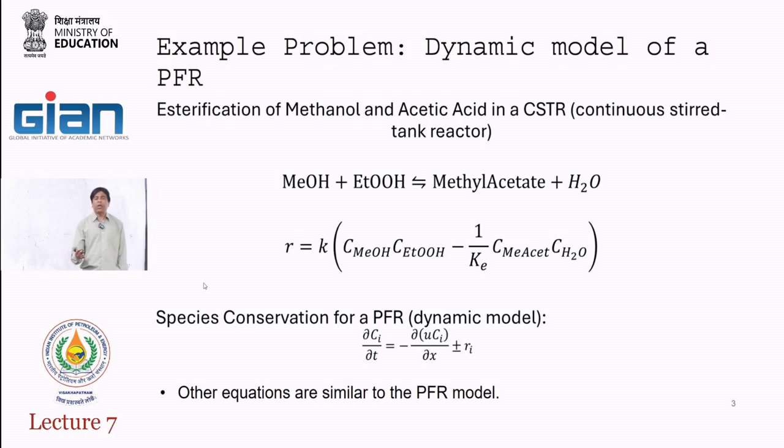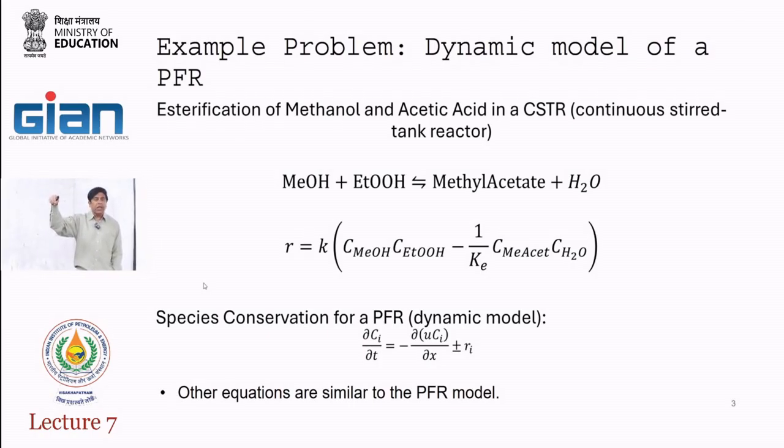Is it arbitrary that I solve for dynamics at some point and steady state at another? When should I consider the dynamics of a plug flow reactor? Anybody? Startup, right, excellent.